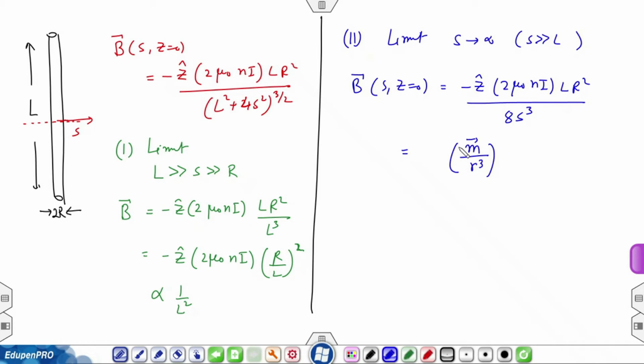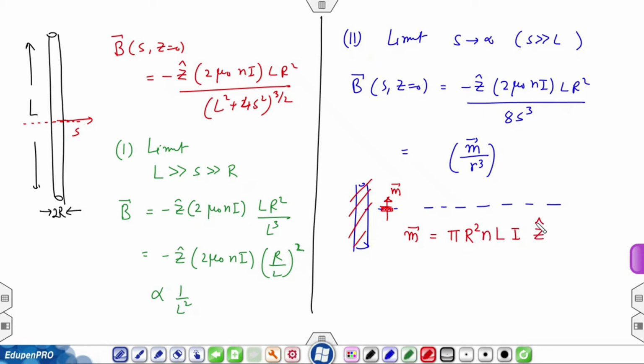Let me show you how. For this long solenoid, when I am really far away, it looks very small. So, I will cut this and it becomes like a small magnet of magnetic moment m, where m would be equal to pi r square n L I in the z direction.